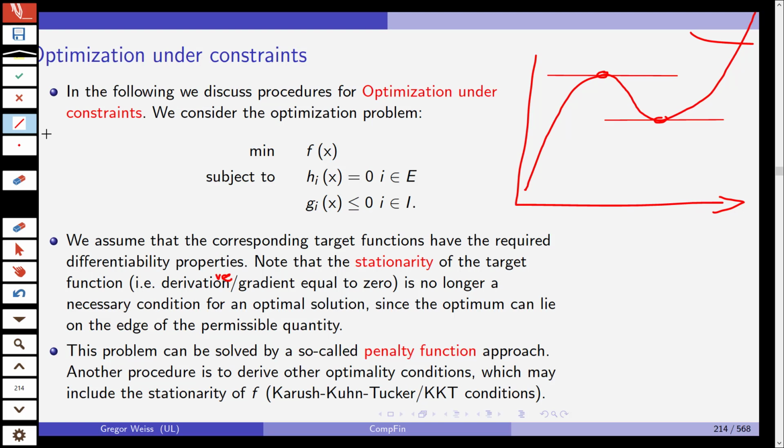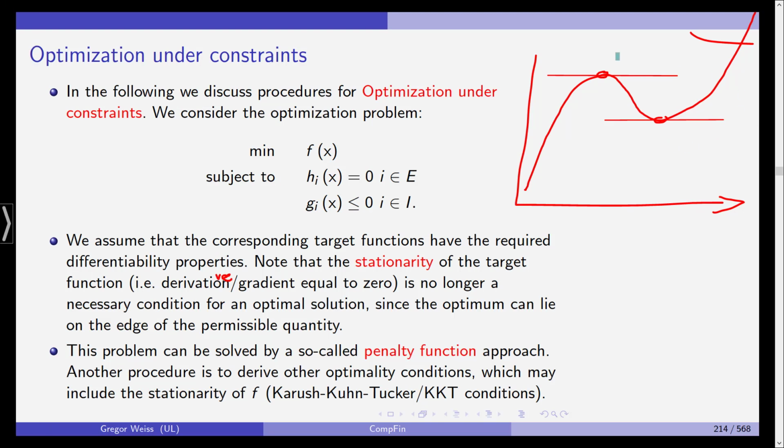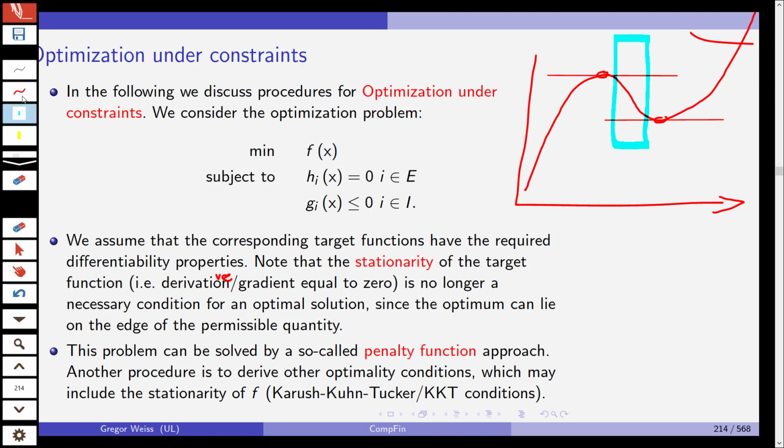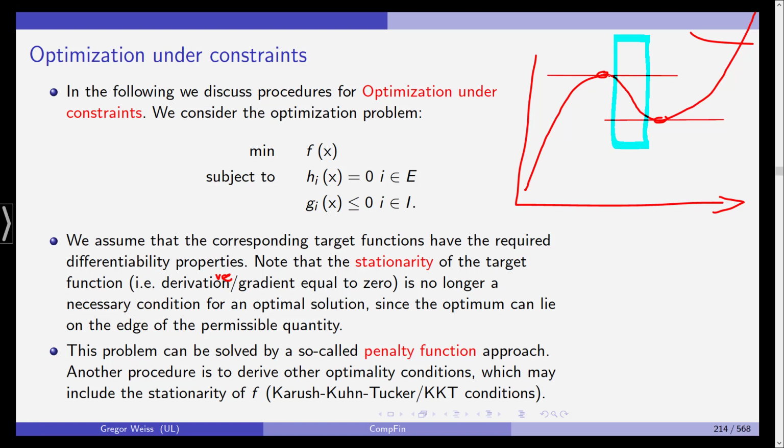is 0, meaning what? The first derivative needs to be 0. Problem is, if we now say we have some constraints, then maybe we're only looking at this part of the function. So this would lead to the minimum, the local minimum being here, and the local maximum here, and local minimum being here, which incidentally would also be the global maxima and minima.